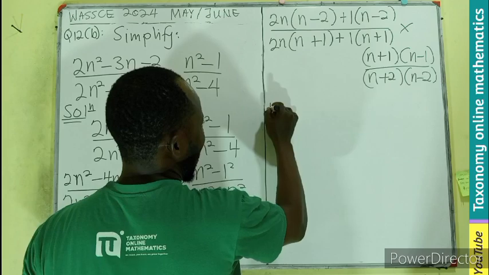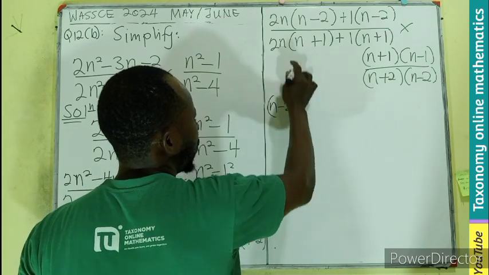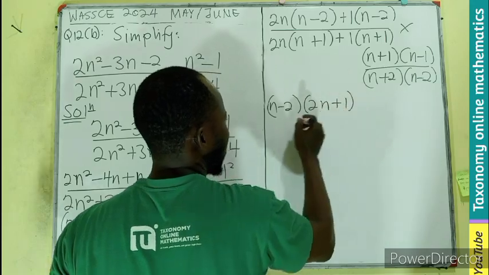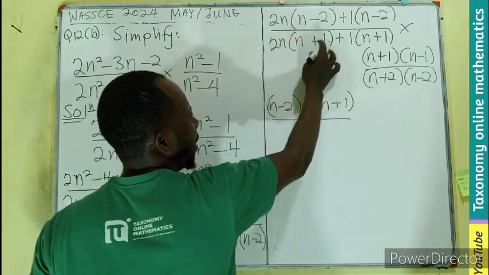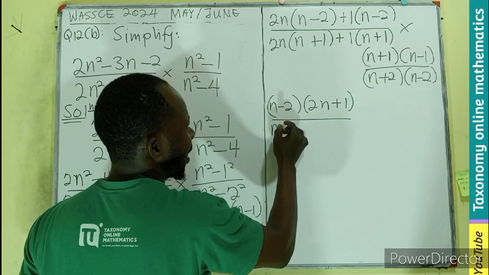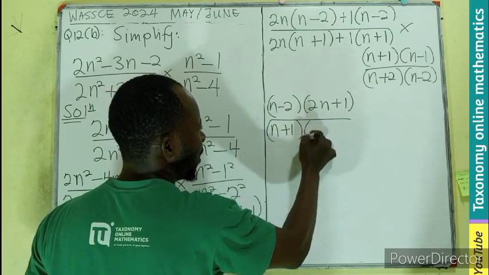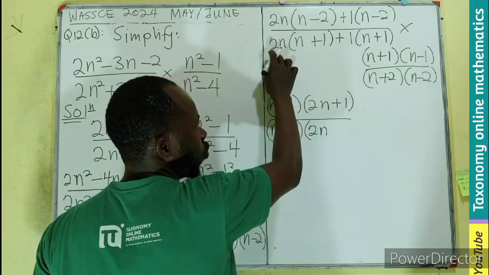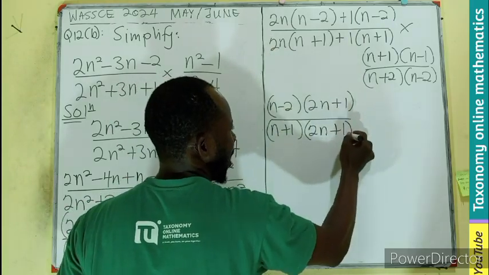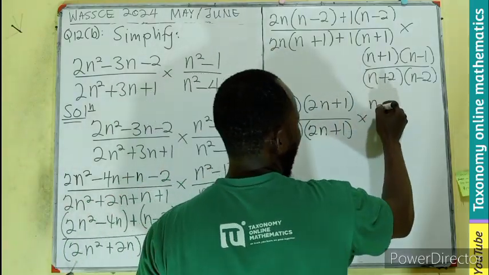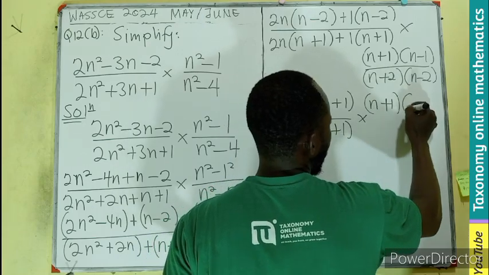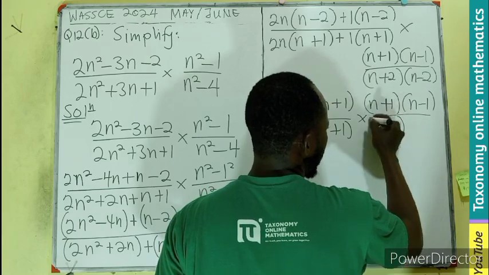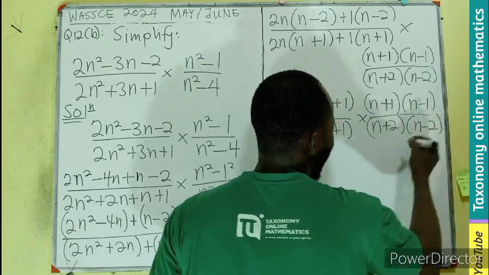We pick that common factor, n minus 2, multiplying 2n plus 1, divided by n plus 1, which is also a common factor. Dividing each term, you'll be left with n here as 2n, then plus 1. Let's still bring in our n plus 1, n minus 1, n plus 2, n minus 2.